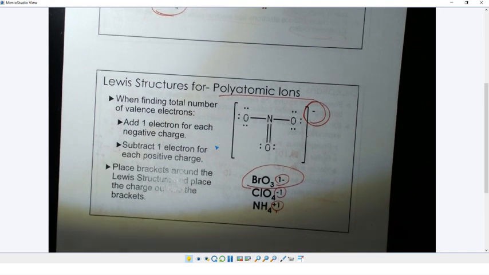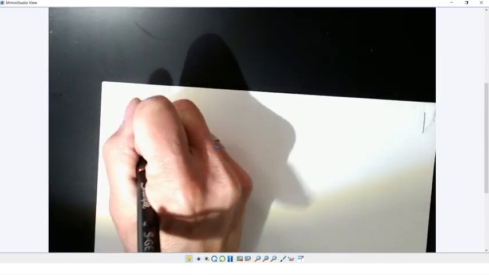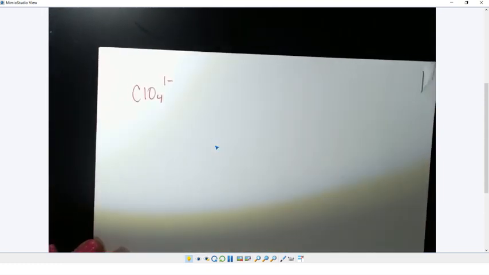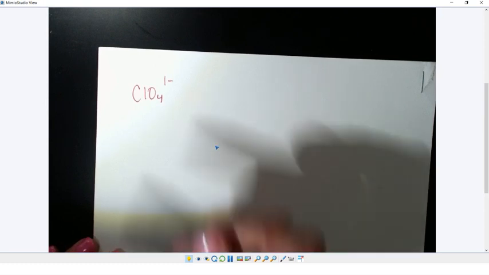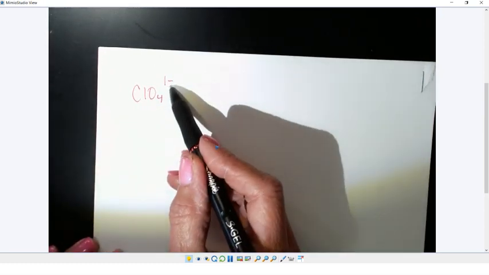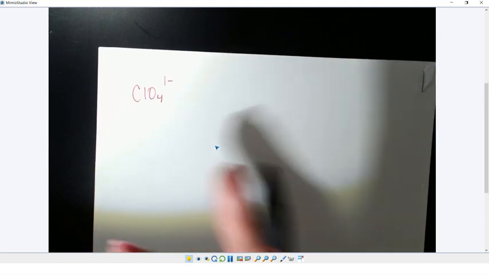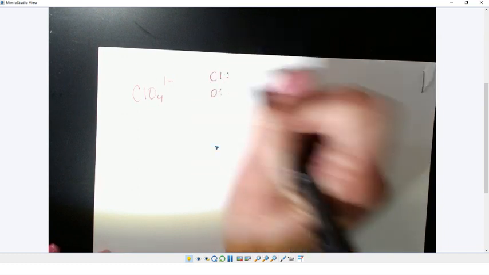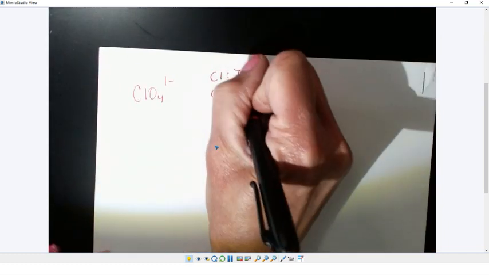So let's look at perchlorate. ClO4 1-. Okay, so the Lewis structure, 2 things that are different. You have to count for the negative charge, and we're also going to put brackets around our polyatomic ion. So I'm going to start by counting up my total number of electrons. Chlorine has 7.